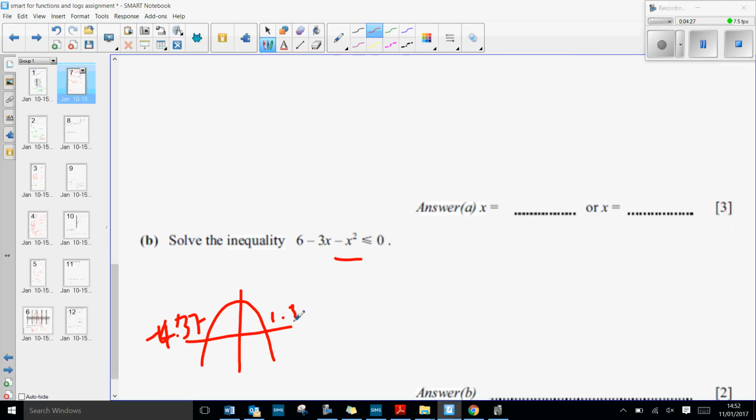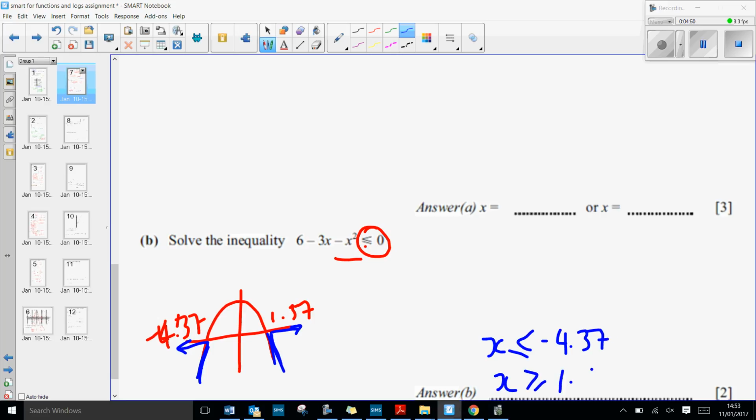This time it is less than 0, so we're talking about underneath the graph because it's less than 0. So that means we're talking about x values that are less than this, but greater than this. So we would have x is less than or equal to -4.37, and x is greater than or equal to 1.37? I can't read my own writing.